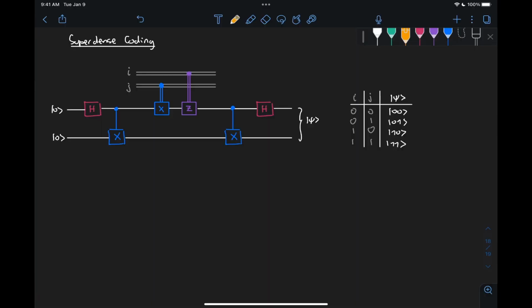So if we look at this again, what we have is two parties, Alice and Bob, and they create a Bell pair, right?